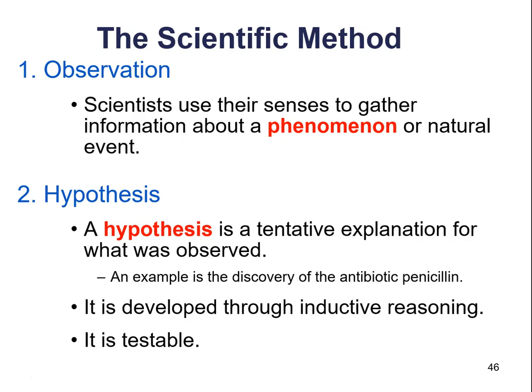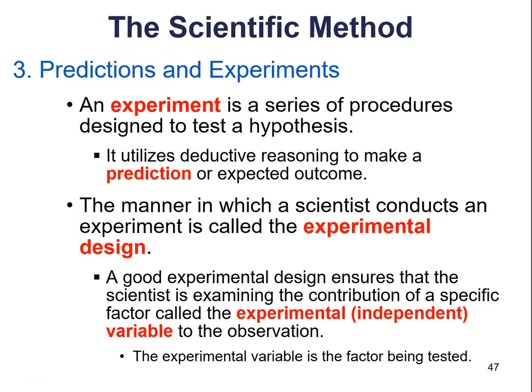Then your prediction might be that if I take that substance and put it on bacteria, it will cause those bacteria to die. You then can develop experiments to test that hypothesis and see if your prediction is correct. And that's what this is saying here: an experiment is a series of procedures designed to test a hypothesis.